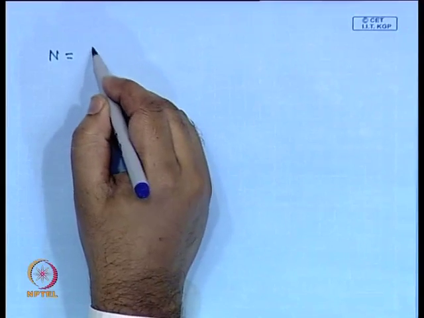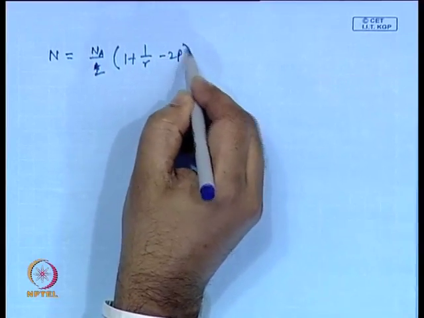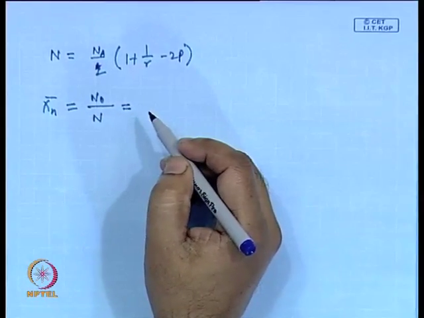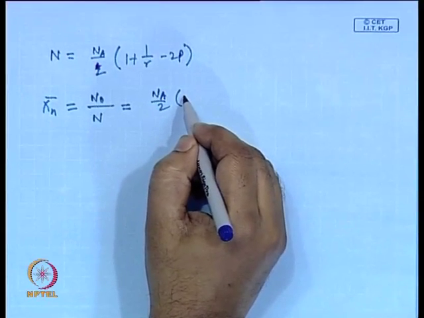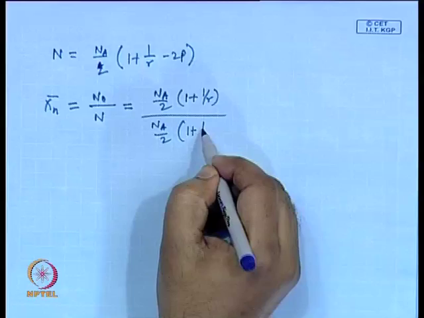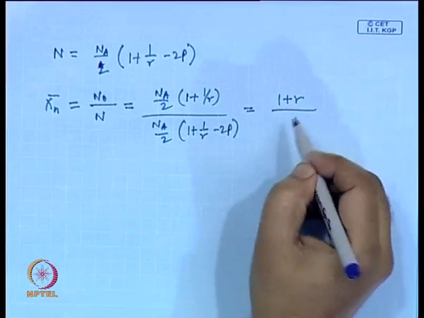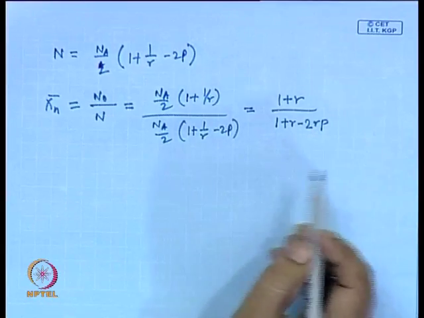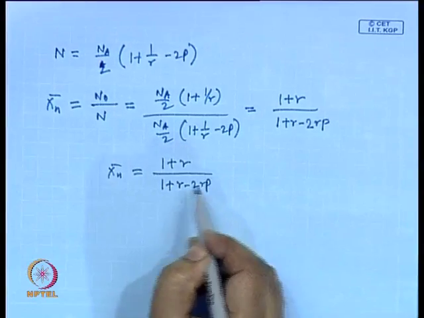So N is Na by 2 times 1 plus 1 by R minus 2P. So Xn bar is N0 by N, which means Na by 2 times 1 plus 1 by R divided by Na by 2 times 1 plus 1 by R minus 2P, which leads to 1 plus R over 1 plus R minus 2RP. Okay, so that is the expression.